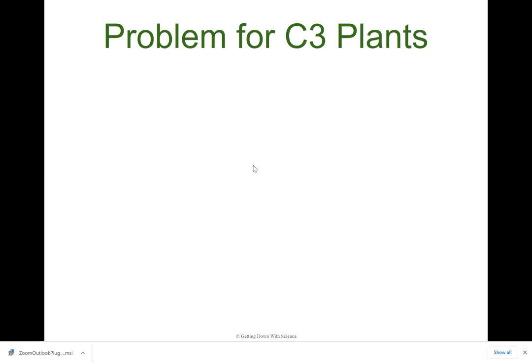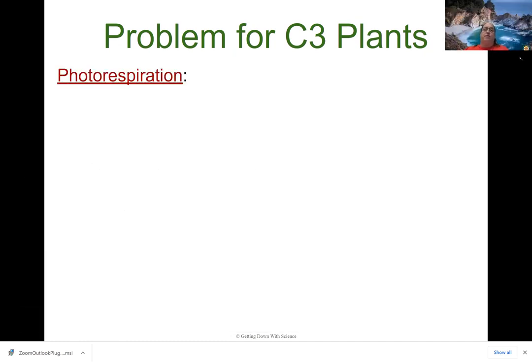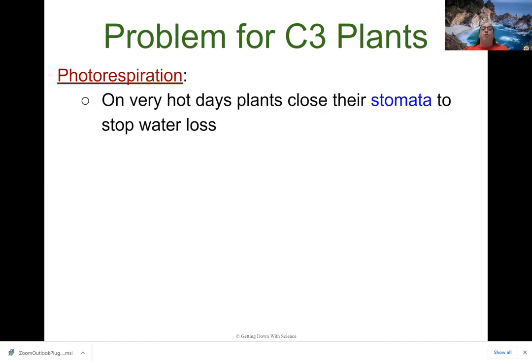So the reality is not all plants work exactly the same, because not all plants live in the exact same environment and situations. So we need to account for some of these variations. We have a type of plants called C3 plants, and they're going to use photorespiration.